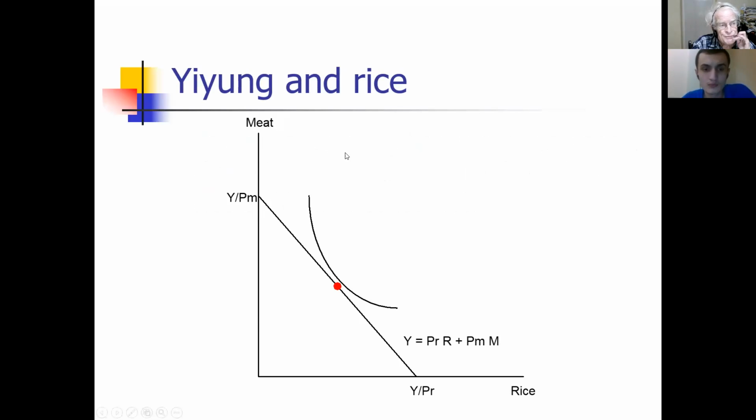Here is you, a consumer of rice and meat. She is maximizing her bundle by choosing the tangent point for the indifference curve and the budget constraint. So you know that drill.